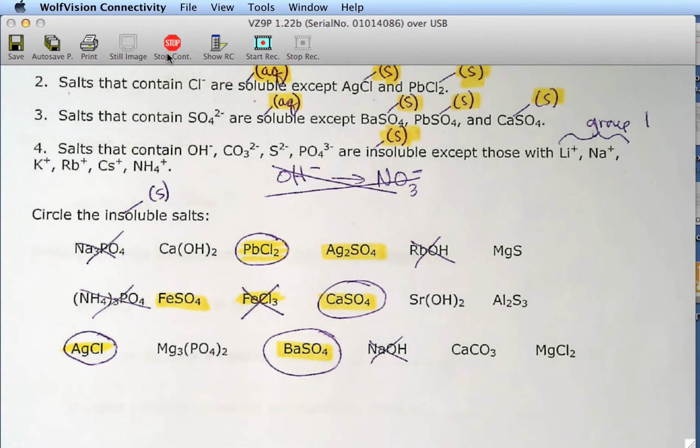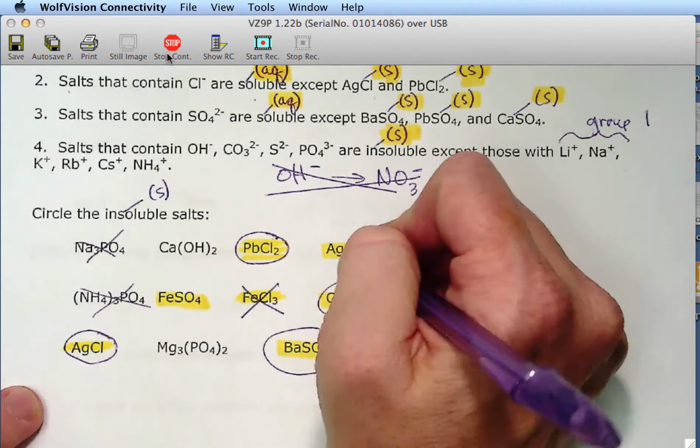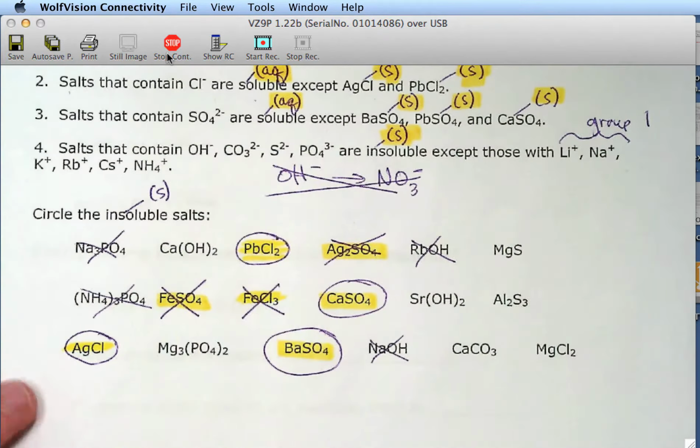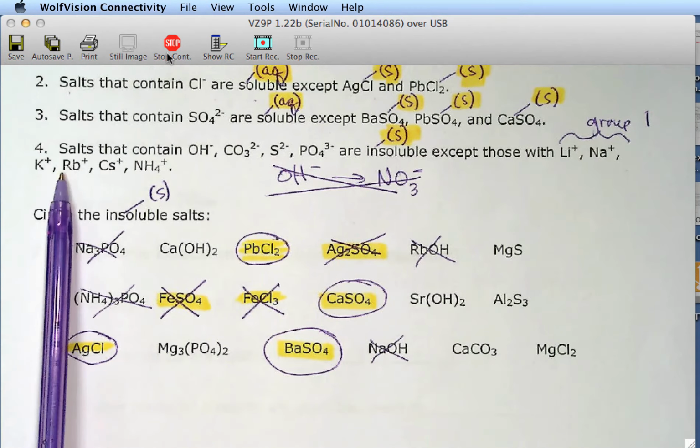So these other two I can cross out because they're not. Right, now the remaining ones that aren't circled or X'd out are rule number 4.